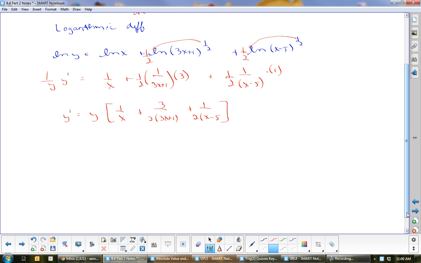So if they don't give you the y value, but they give you the x, you can just plug the x into your y formula. But to be very, very specific, we know what y is, and that's x times 3x plus 1 to the half times x minus 5 to the half. So we can actually sub that in. So that would be x times root 3x plus 1 times root x minus 5, all times 1 over x plus 3 over 2 times 3x plus 1 plus 1 over 2 times x minus 5.